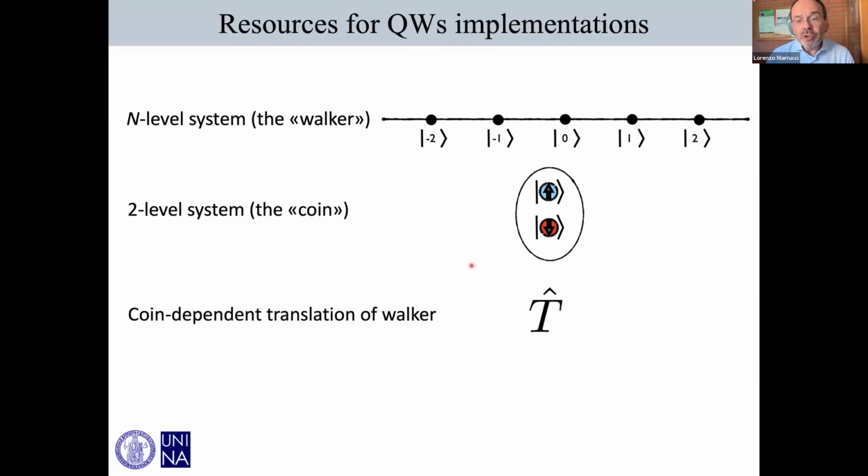You need an evolution operator that is a coin-dependent translation. So depending on the level at which the coin is found, the walker will shift right or left. And finally, you need an operator that somehow rotates the coin state, the two-level system coin state, which is the equivalent of a coin tossing.